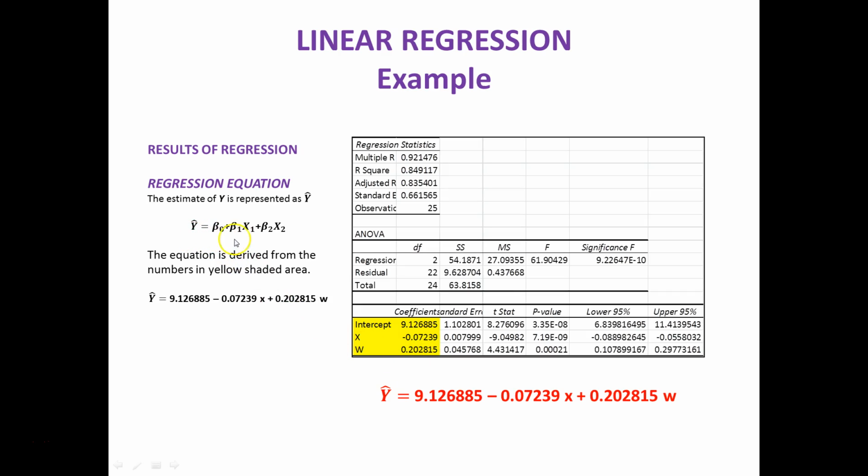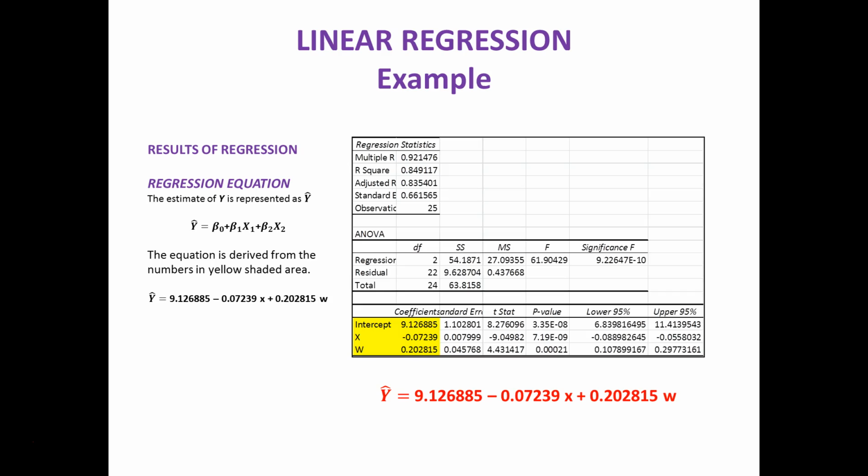That is the formula. If I plug these values in, I get this formula that we're going to use to predict y. We can't get y because we don't know what the error is, but we can get pretty darn close, and pretty darn close we call y hat.